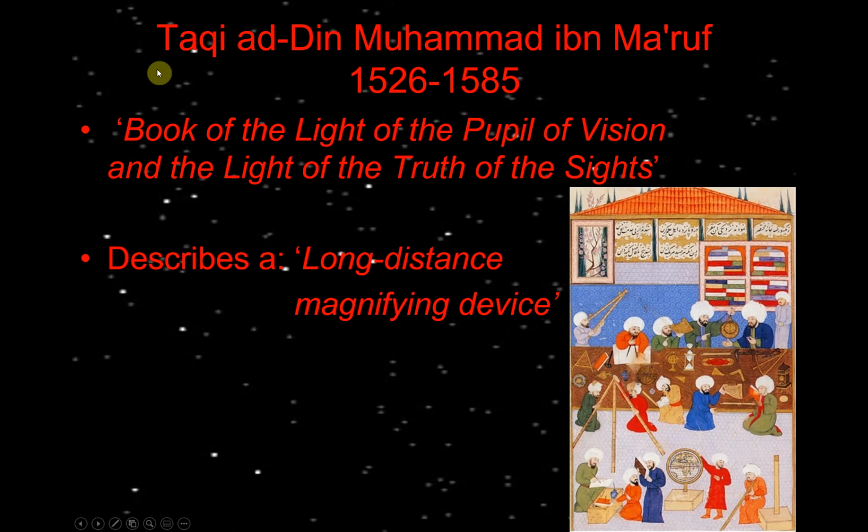Unfortunately, the observatory that Ibn Maruf was working at was in Turkey and was destroyed very quickly and did not last long. But at the time, it was considered to be the most technologically advanced observatory ever created. So devices were being used to look at the stars, and many people can claim that they invented an optical device, if not a telescope.